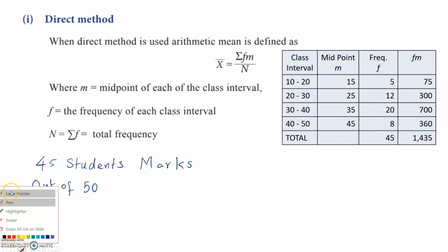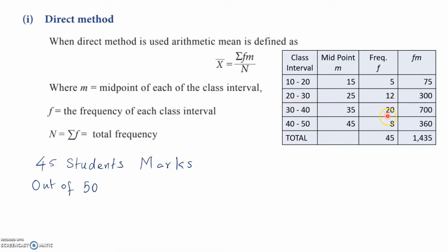What we have done is we have classified the people who got between 10 to 20 were 5. What I mean is there were 5 students who got marks between 10 to 20. And there were 12 students who got marks between 20 to 30.